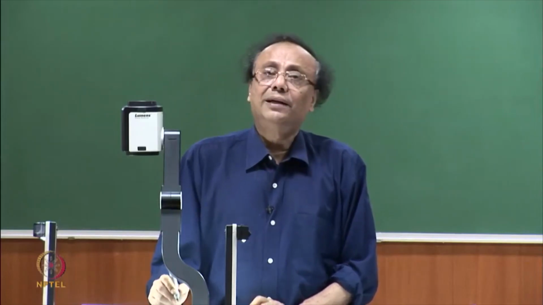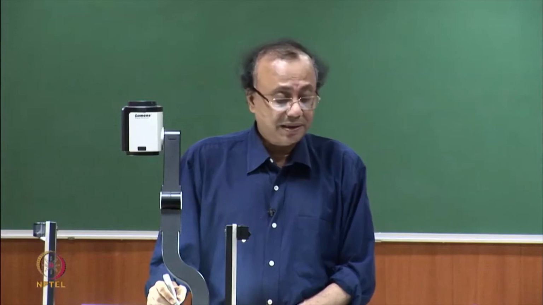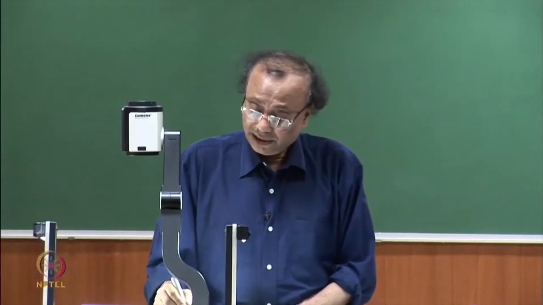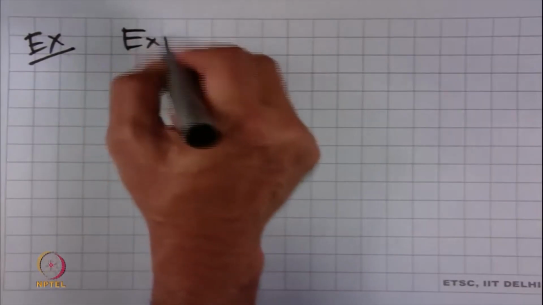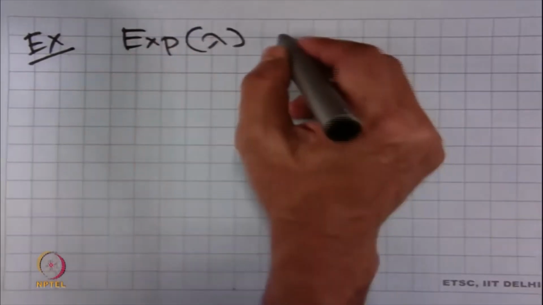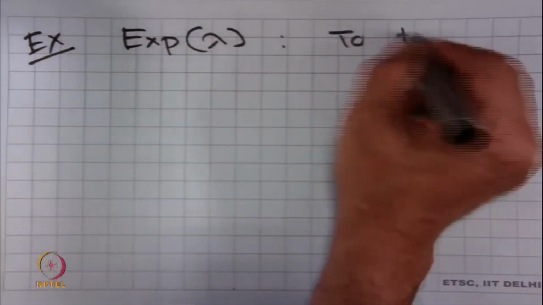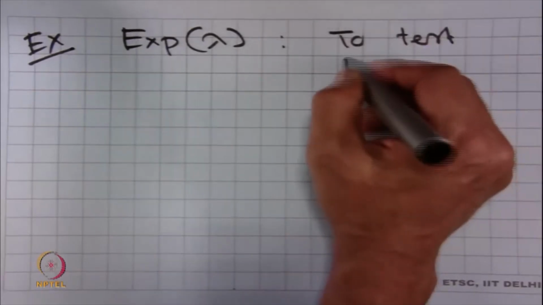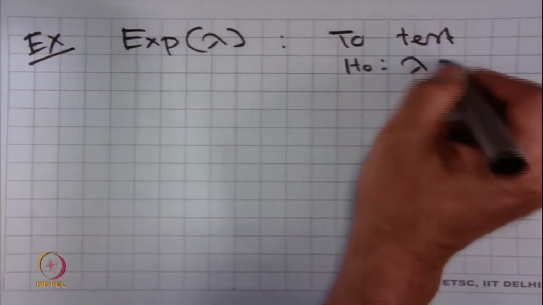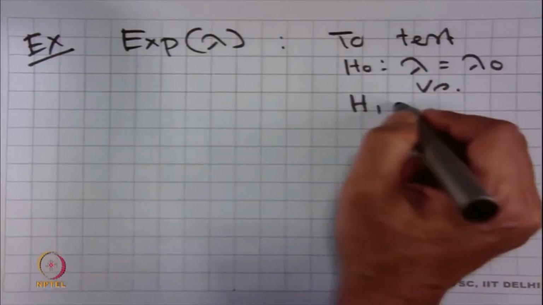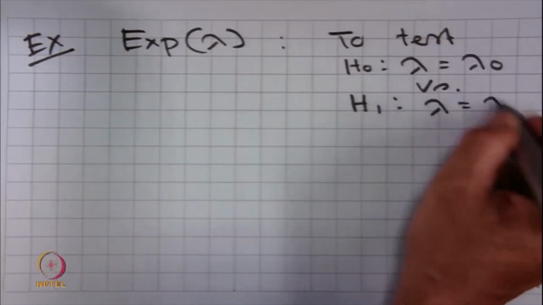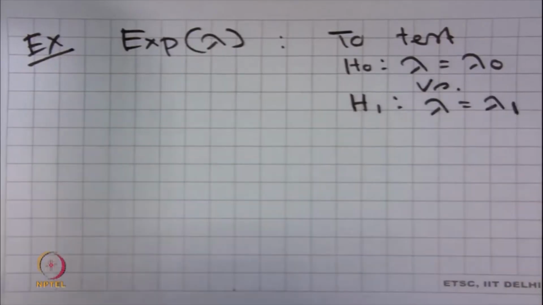So, let me relook at the problem. So, example: exponential lambda, to test H naught: lambda equal to lambda 0 versus H1: lambda equal to lambda 1.